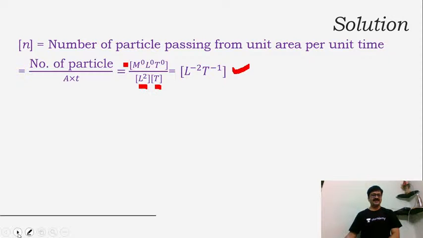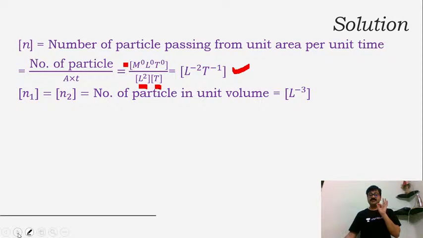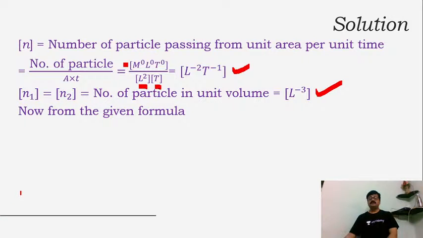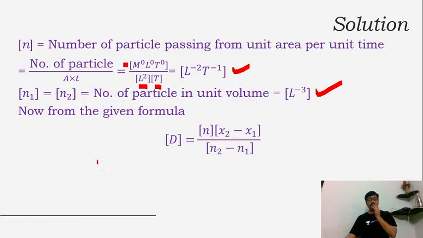Right? So accordingly, in the same way, n1 and n2 both of them are equal to what? Number of particles in unit volume. Hence straight away I can write it as L raised to minus 3. Is it not? So hence, now let me just write the given formula. Dimensional equation I am writing here. So negative sign is not required.